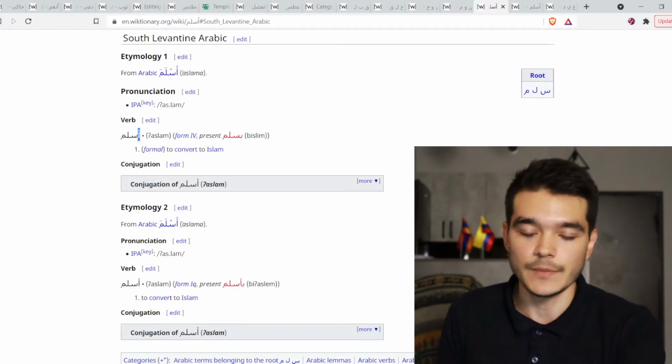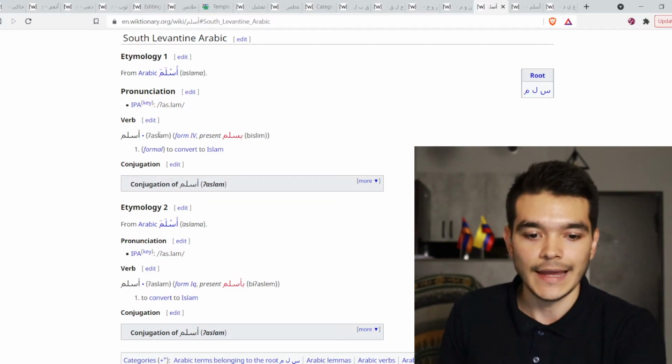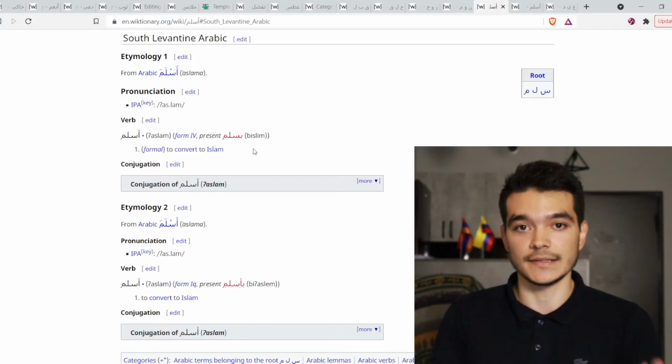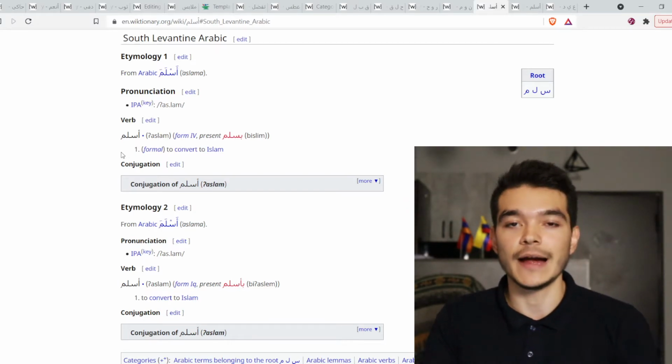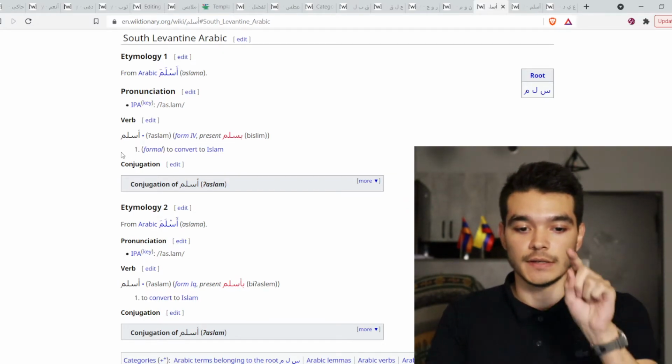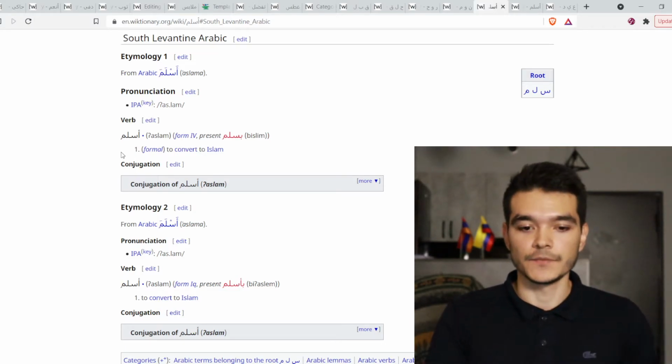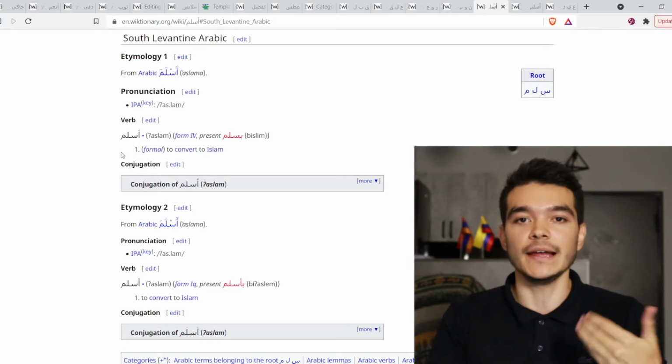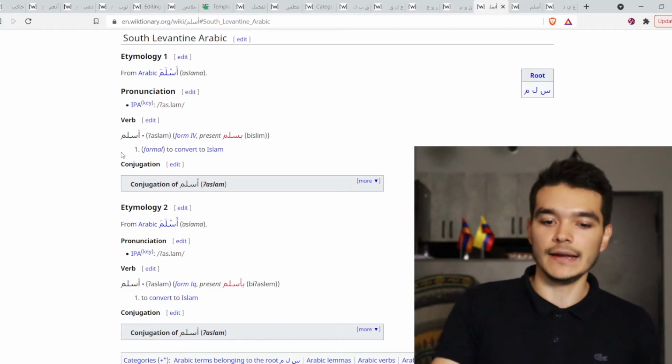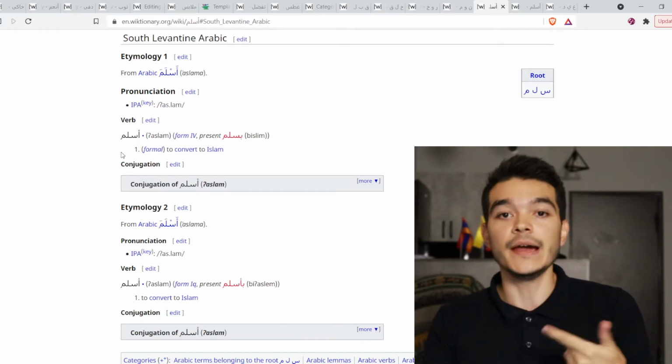Same here. This hamza is not a part of the root, of course. So the root is just sin, lam, mim. And in the present tense, that would be bislim. It's like the verb a'lan, which means to announce. Hamza, a'lan, and in the present, it's bi'lan. So aslam, a'lan, bislim, bi'lan.